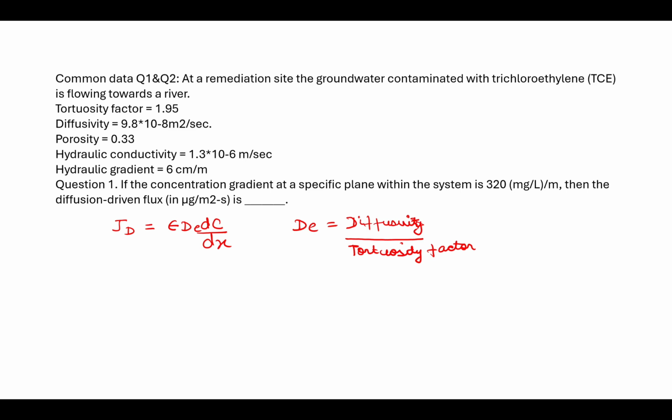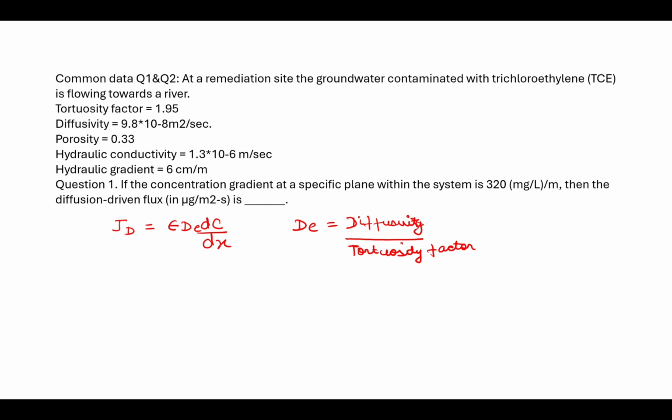Now we know the porosity, and in the question the concentration gradient is given. So dC by dx is given. We can also see from the unit of this concentration gradient, it is concentration, that is milligram per liter per meter.